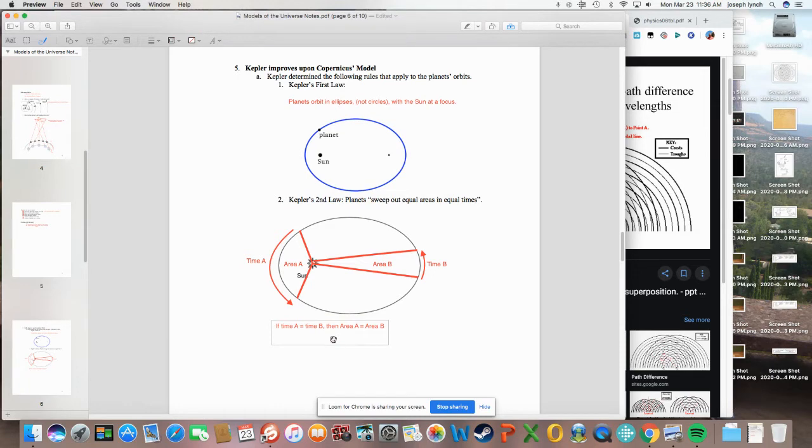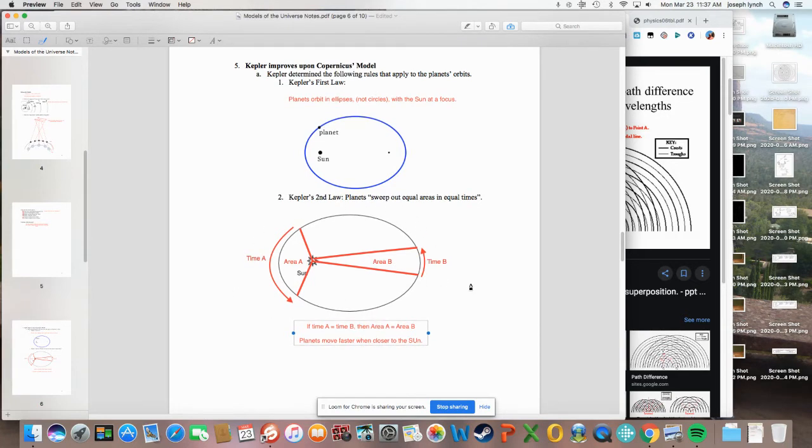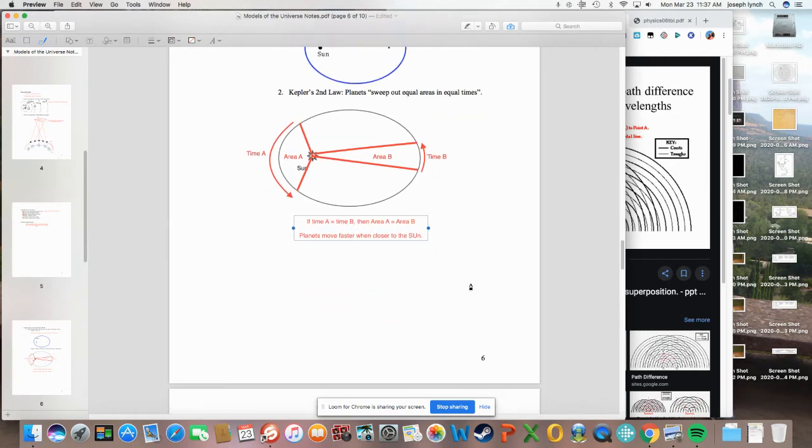So what he found is that the planets move faster when closer to the sun. Now we know why that's true today, because of gravity, but they didn't know about gravity back then. And actually, when Newton came up with gravity, he knew about this idea, and that was probably some of the way he figured out about gravity.